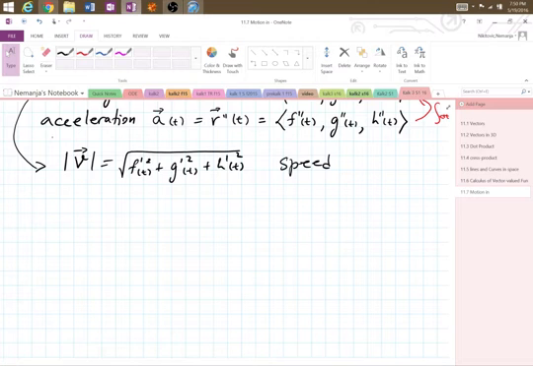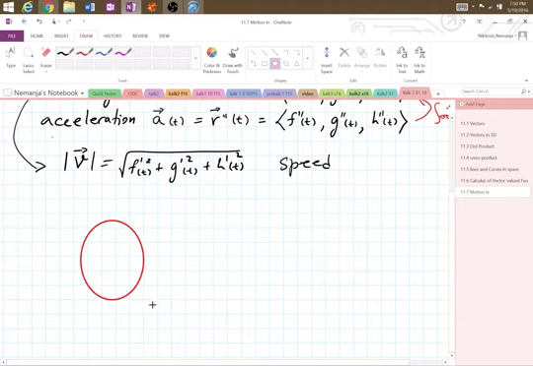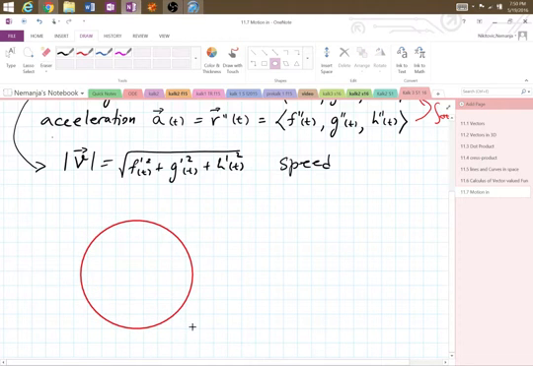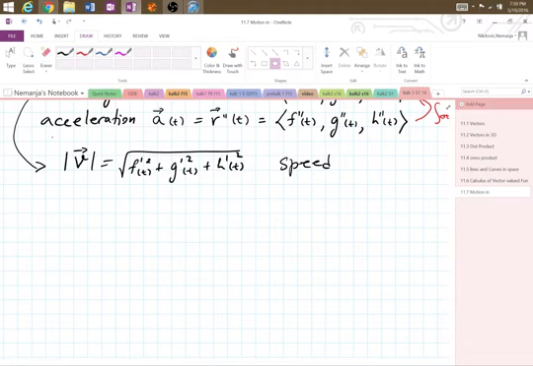So we're going to do just that. We're going to have a circle. By the way, I practiced drawing these circles.